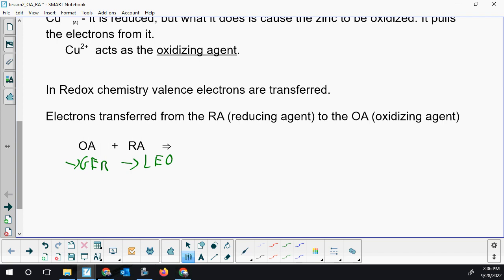So what loses electrons is the reducing agent. The electron flow is always from the reducing agent, which gets oxidized, to the oxidizing agent, which is what gains them. And often it takes 3-4 days of this unit for all these definitions to sink in and for you to be comfortable with them.